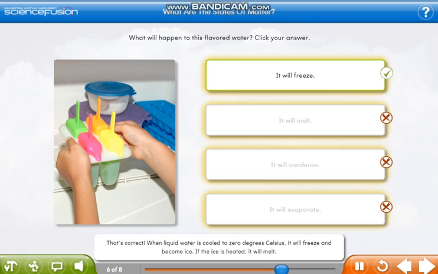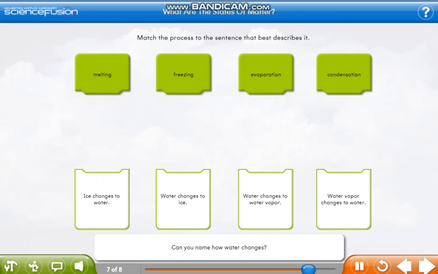That's correct. When liquid water is cooled to 0 degrees Celsius, it will freeze and become ice. If the ice is heated, it will melt. How water changes?